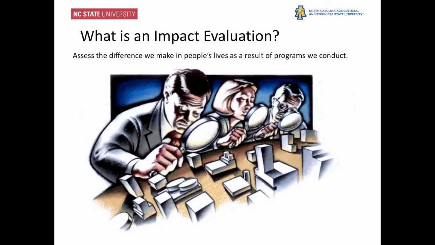Impact evaluations look at the differences we made in people's lives as a result of the programs we conduct. These programs may be research or teaching and may or may not involve the public directly while they're being delivered, yet the results must ultimately change people's attitudes, behaviors, or benefit society in other ways.